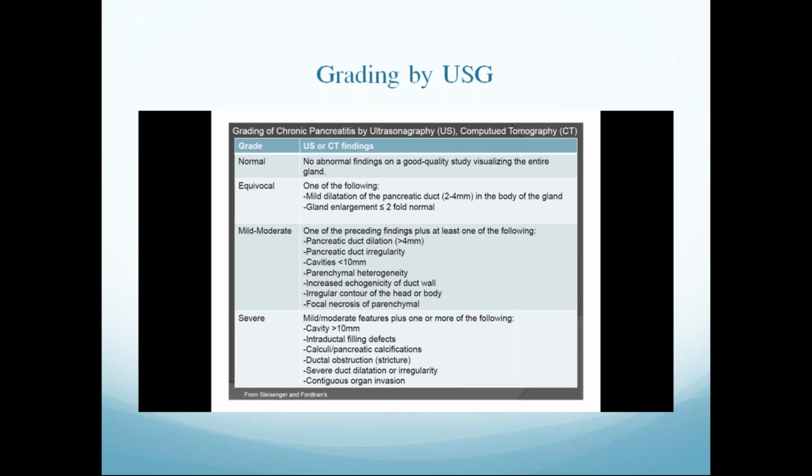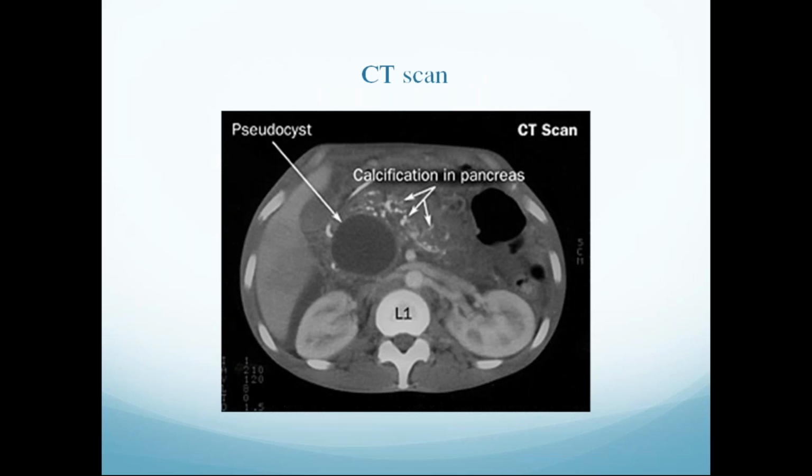Equivocal is mild dilatation of the pancreatic duct and gland enlargement, and mild to moderate is pancreatic duct dilatation with irregularities and heterogeneity, increased echogenicity of the duct wall, irregular contour of the head, and focal necrosis of the parenchyma. And severe consists of cavities greater than 10 mm, intraductal filling defects, calculi, ductal obstruction, severe duct dilatation, and contiguous organ involvement.